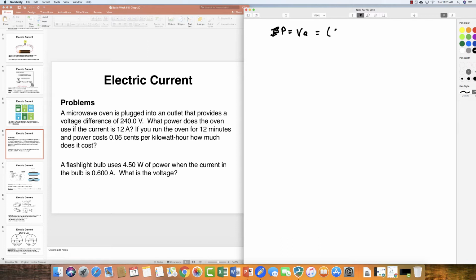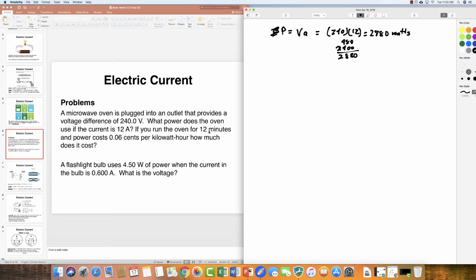So in this case, it's going to be 240 times 12. And so let's see, that's 480 plus 2400. So that's going to be 2880 watts. So the power usage by this per second is 2880 watts.